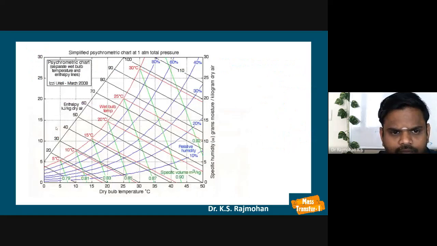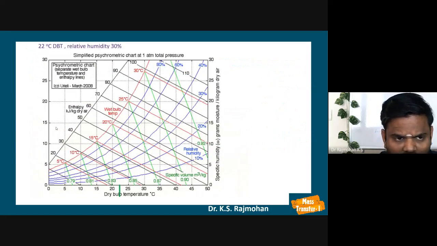Okay. So if you make use of the psychrometric chart, we have a condition of 22 degrees Celsius dry bulb temperature and relative humidity of 30%. So here we have 20, this middle line 22.5, so slightly less than that we are going to have 22 degrees Celsius.